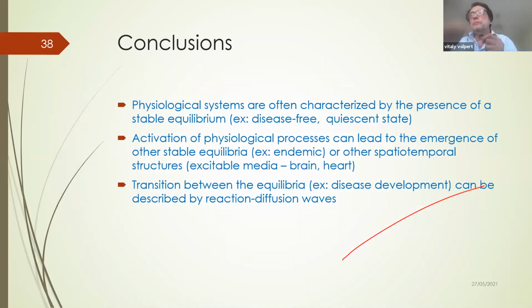And well, the conclusions which I would like to present here are that physiological systems are often characterized by the presence of stable equilibria. The stable equilibria can correspond, for example, to disease-free states, like we discussed in atherosclerosis, the unique globally stable stationary solution where no disease develops, or, like in these neural field models, it can be a quiescent state.